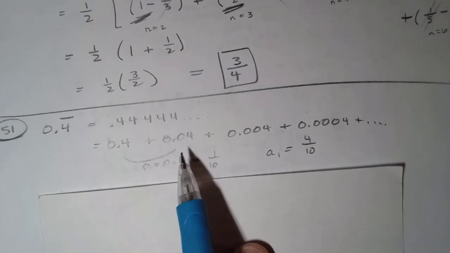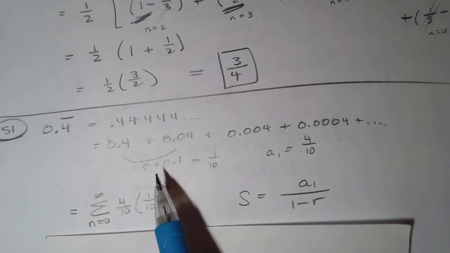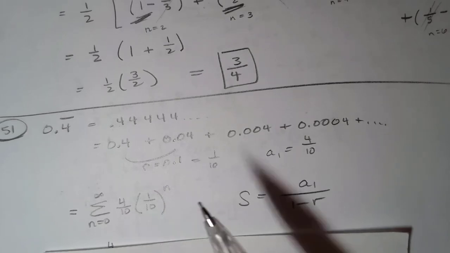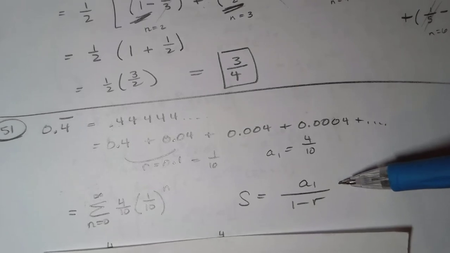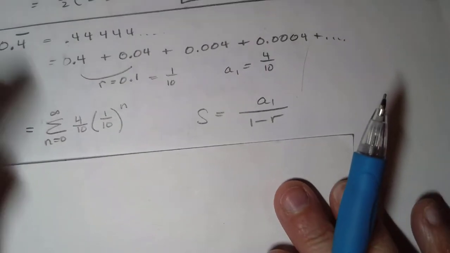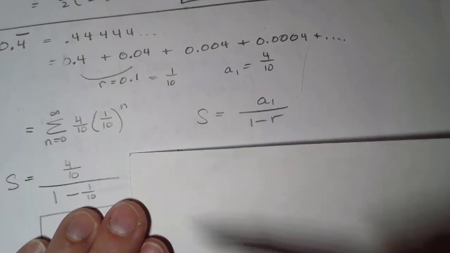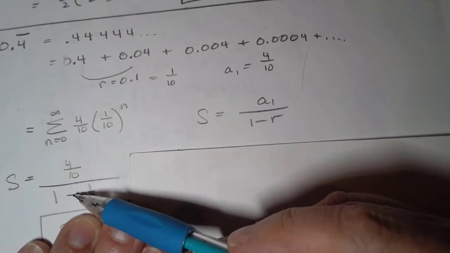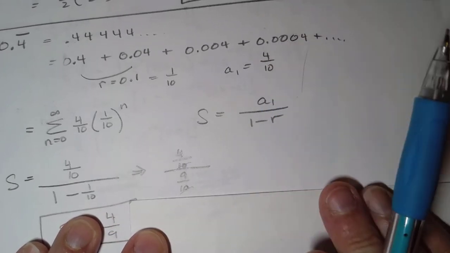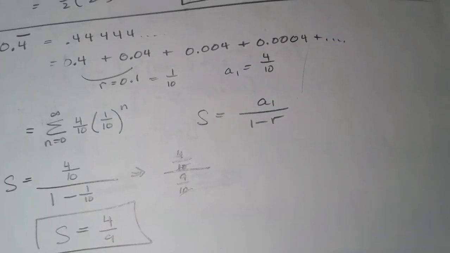I have a geometric series with my ratio having an absolute value that is less than 1. So this series converges, and I can find the sum using my sum of a geometric series formula, a over 1 minus r. Substituting, 4/10 over 9/10, the 10s cancel, the sum is 4/9.